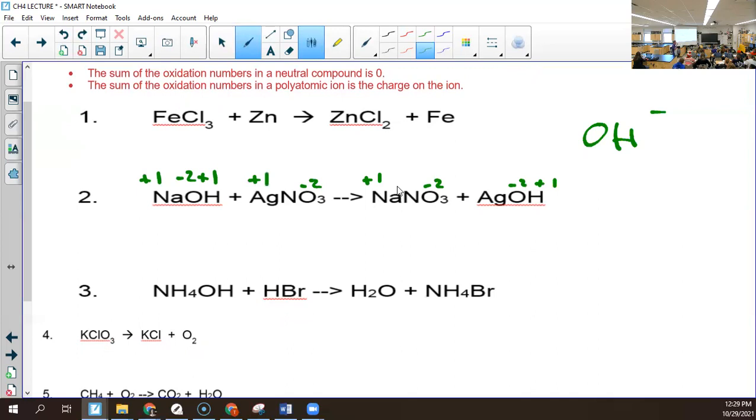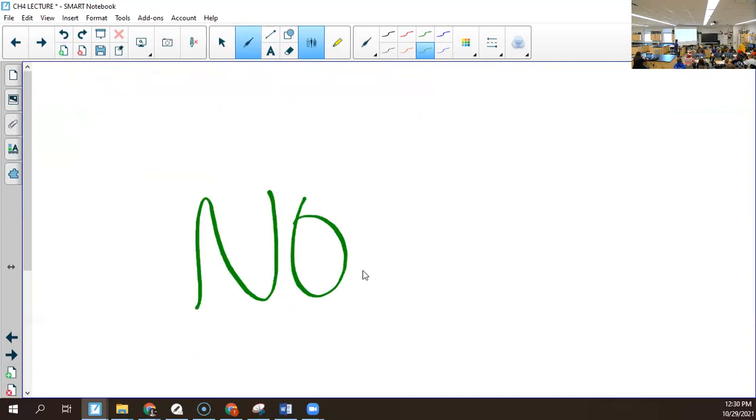N should be -3, but it's not. It's not, because it's in a polyatomic ion, and specifically it's in an oxyanion. Follow me here. NO3 has an overall charge of what? -1. Is everyone okay with that? Now, if you haven't memorized it, goodness, you need to.